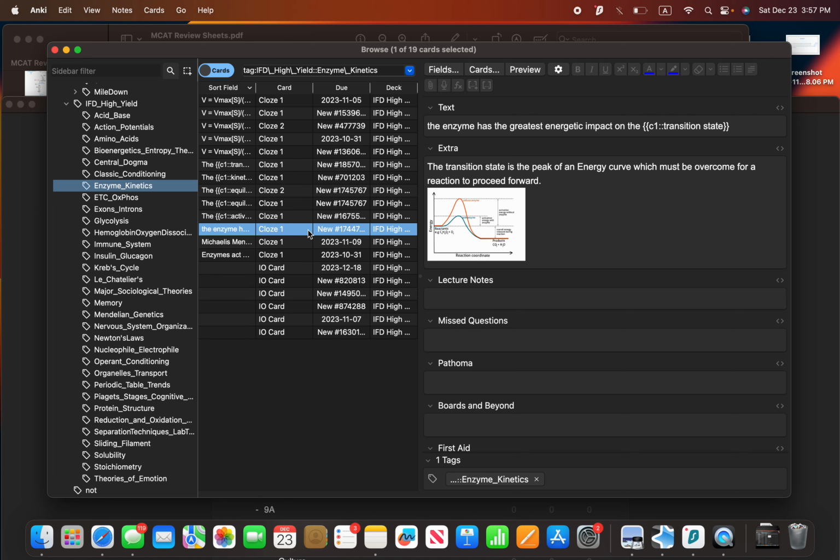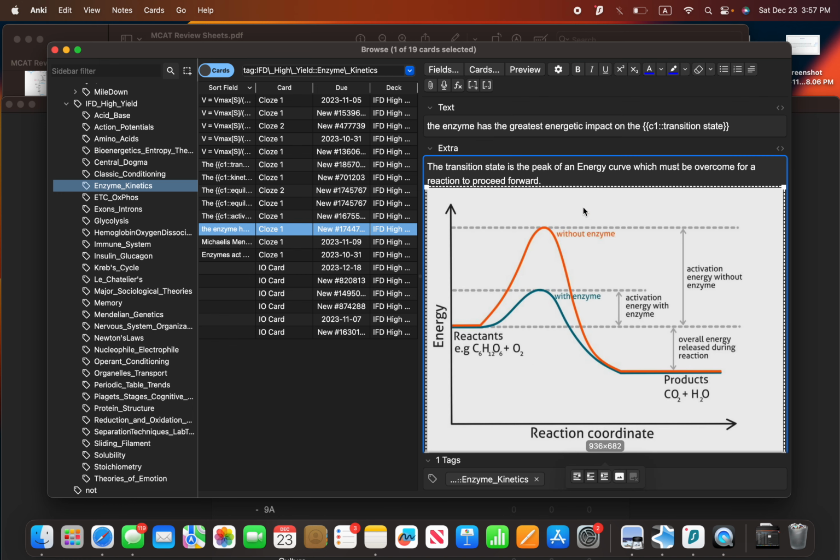The enzyme has the greatest energetic impact on the transition state. So the greatest impact on the transition state is from the enzyme. The transition state is the peak of an energy curve which must be overcome.